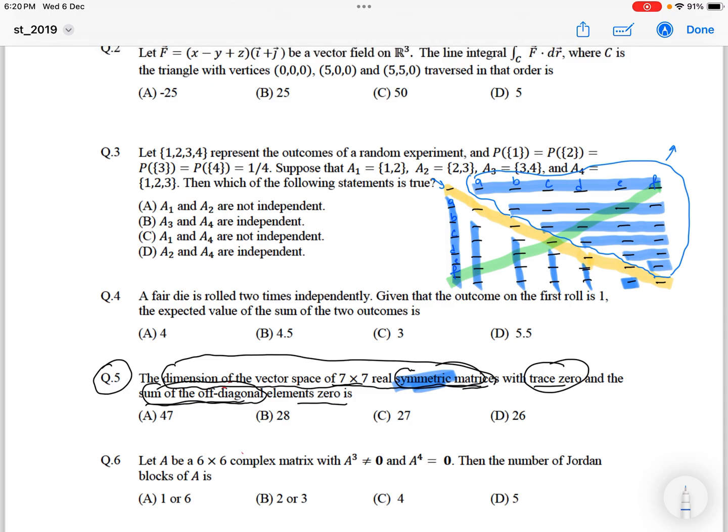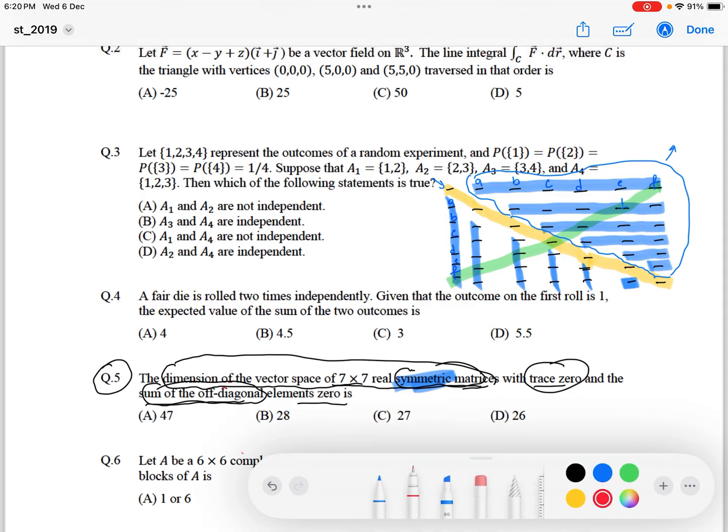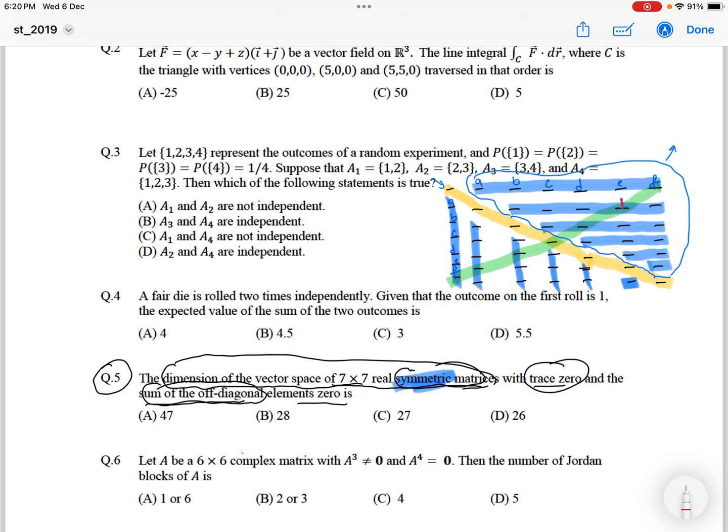Let's look at the off diagonal elements. If it is 1 here, then we will have 1 here. If it is 2 here, then we will have 2 here, according to symmetry. But this element we can pick according to the condition that the sum of the off diagonal elements should be 0.